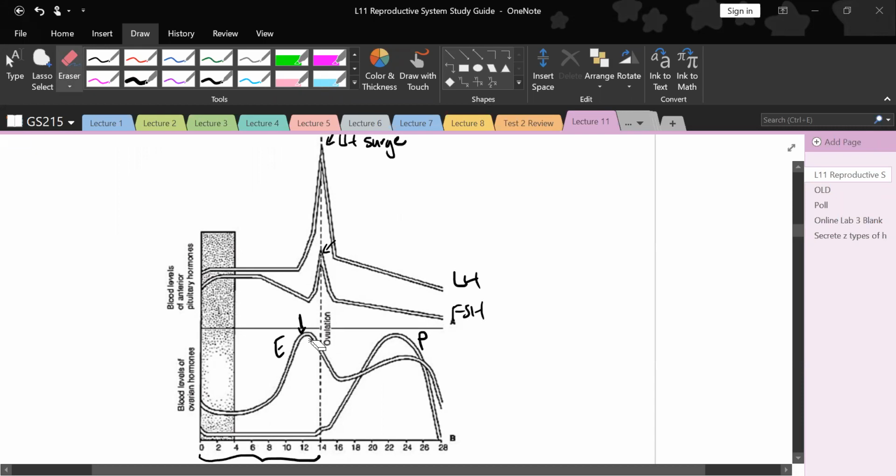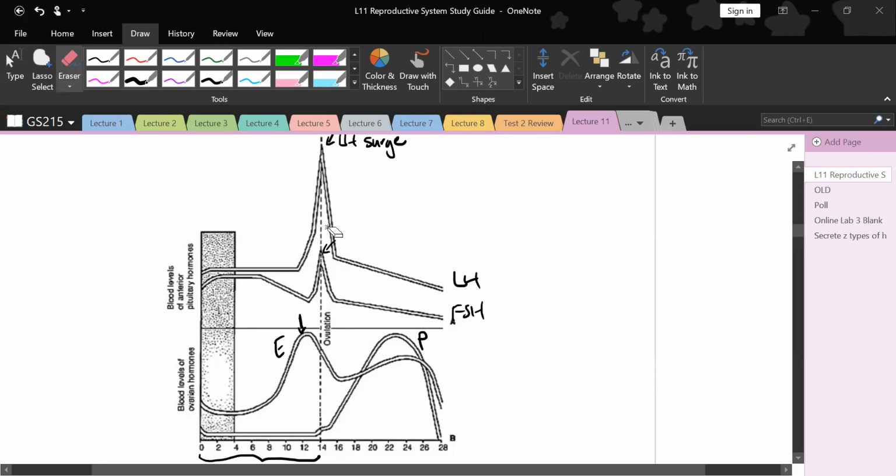After ovulation, estrogen is just going to go down because the follicle is no longer there. But the follicle, after releasing the egg, becomes the corpus luteum. As the corpus luteum forms, you will be pumping out progesterone. Progesterone goes back to the brain and lowers GnRH, which in turn lowers the FSH and the LH.